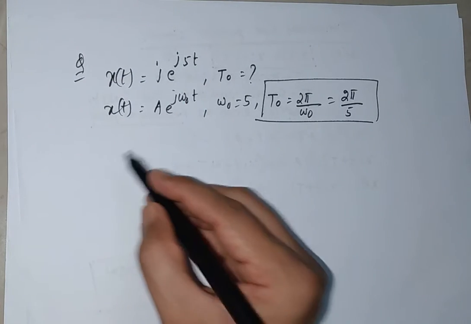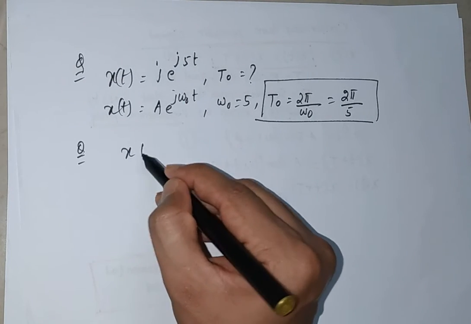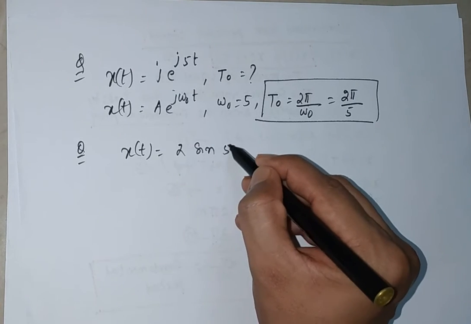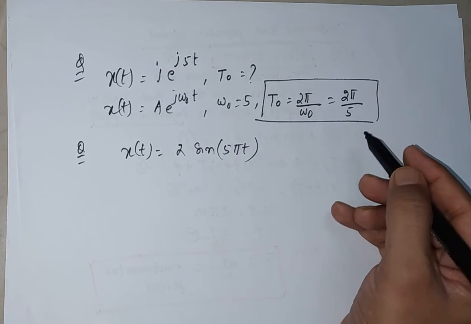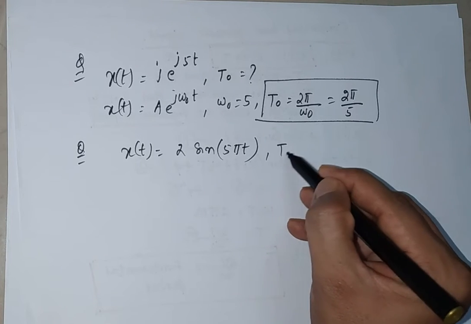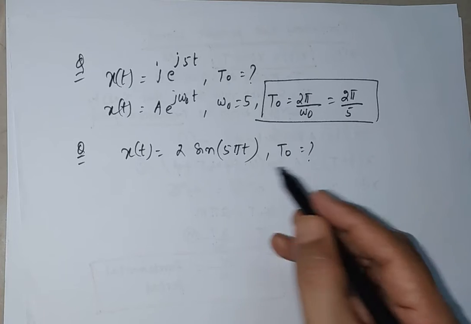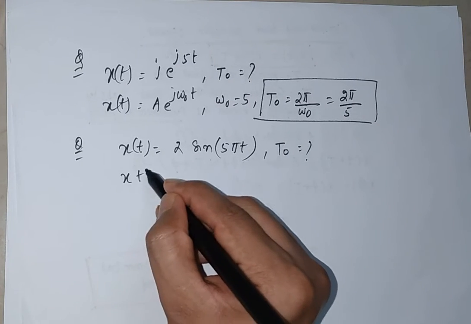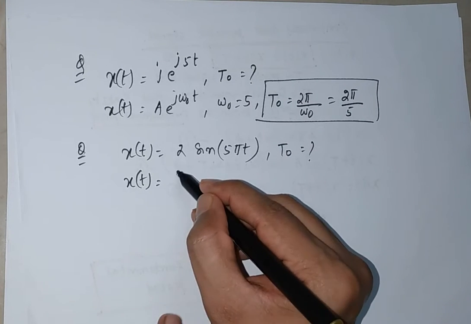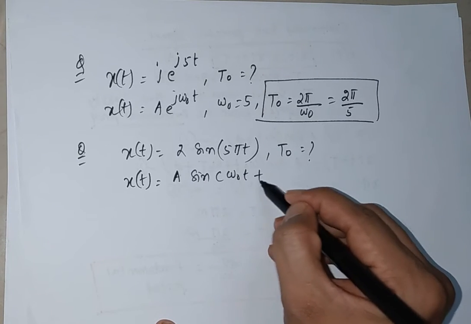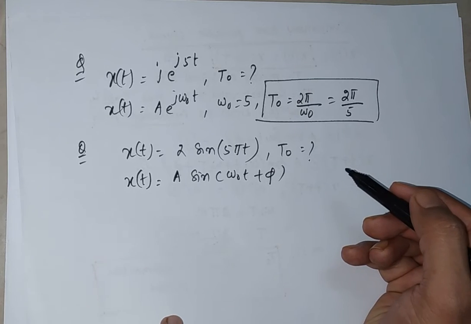Take another question: let x of t equals 2 sin of 5 pi t. Find the fundamental period t0. How to solve? Same process. This equation is like x of t equals A sin of omega 0 t plus phi.